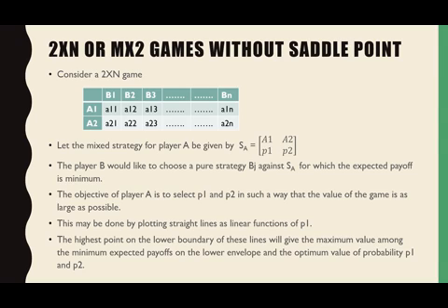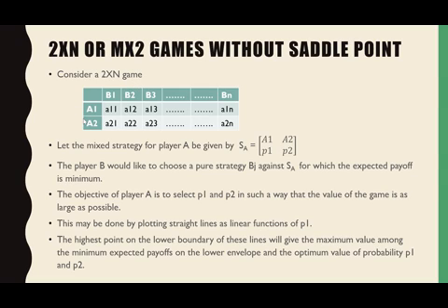Our next step is solving a game which is of the structure 2 cross n or m cross 2 and it does not have a saddle point, right? Now let me consider a 2 cross n game. What do you mean by a 2 cross n game?